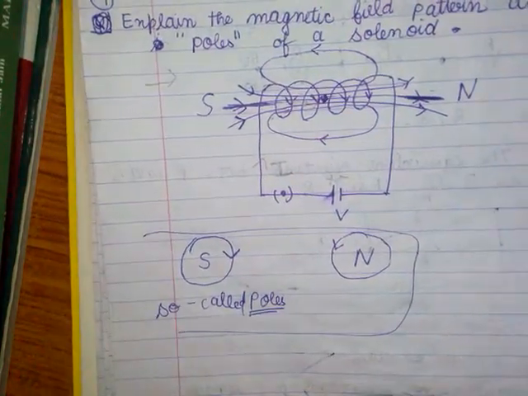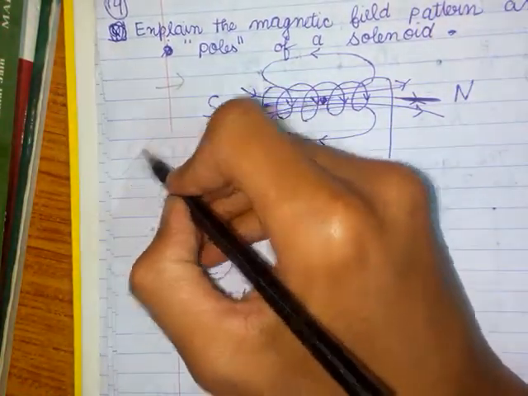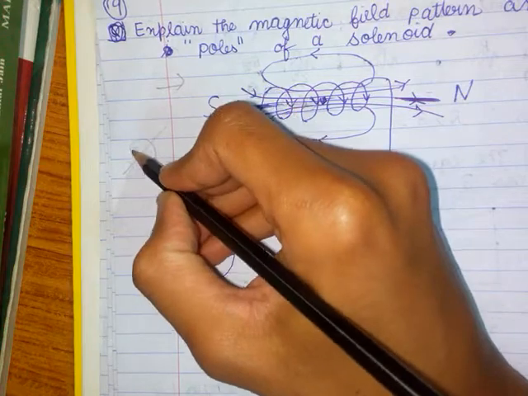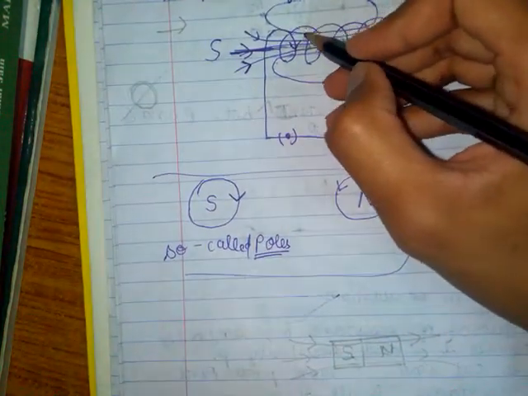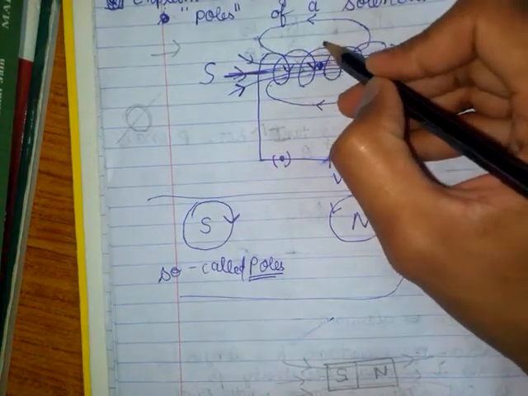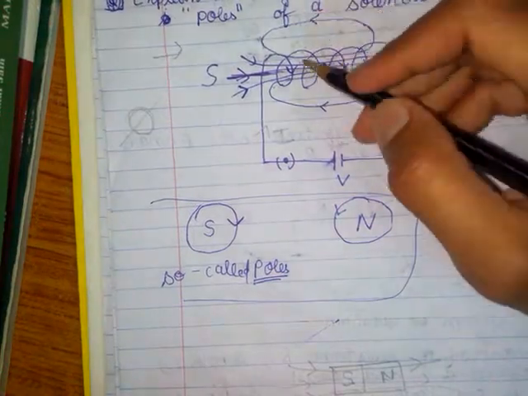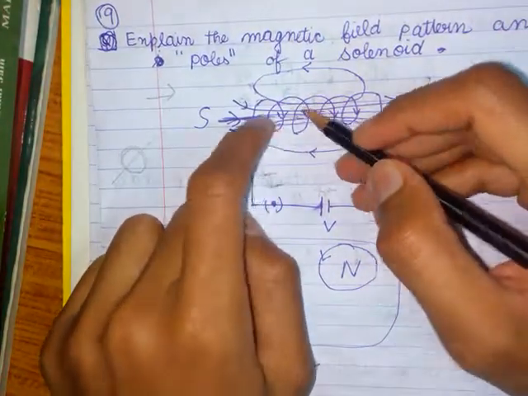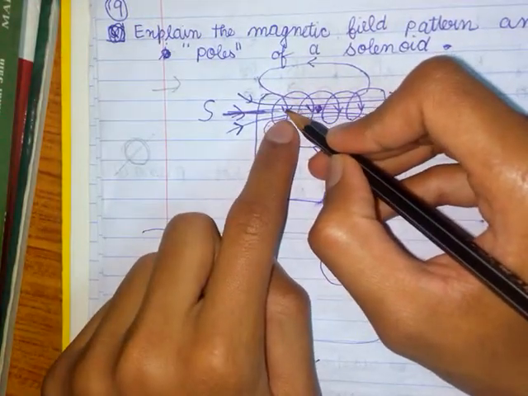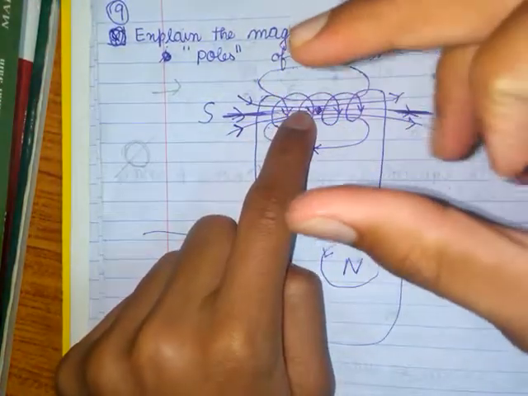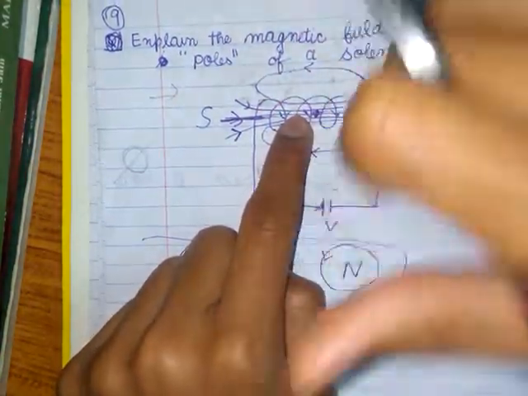But you may think that the screw rule says that if we have a conductor, then the field lines are total circles like this. Then you might think, why doesn't the field pattern look like this: circles here, circles here, circles here, and so on? Well, the reason is that we don't have a straight conductor. We are applying the rule to an infinitesimally small part of the loop, which can be treated as a straight conductor.